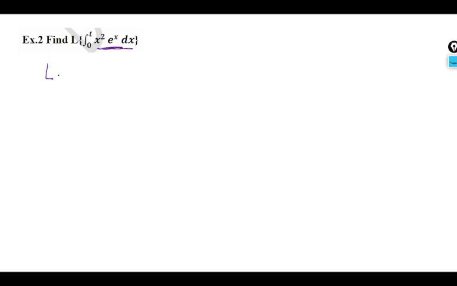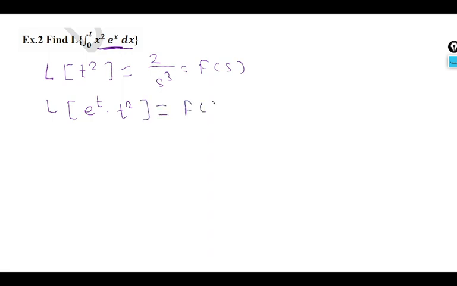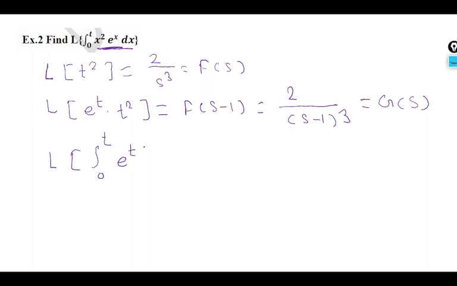So Laplace of t square is gamma 3 upon, or 2 factorial, that is 2 upon s cube, and that is our f of s. Then Laplace of e raised to t times t square is f of s minus 1. So it is 2 upon (s minus 1) whole cube, and lastly say this is g of s, and the last property that we should apply is the Laplace of integral 0 to t e raised to t t square dt.